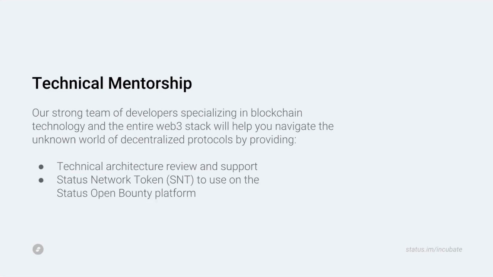And some of you may be aware of the Status Open Bounty network, platform at the moment. So it essentially allows you to post problems that you have. So maybe you have bugs in your code, and you can offer a certain bounty, a certain reward to have someone that you don't employ and you don't have a relationship with to help you to resolve that specific bug or issue. So we'll allocate some SNT to help you to do that and to utilize the Open Bounty platform.